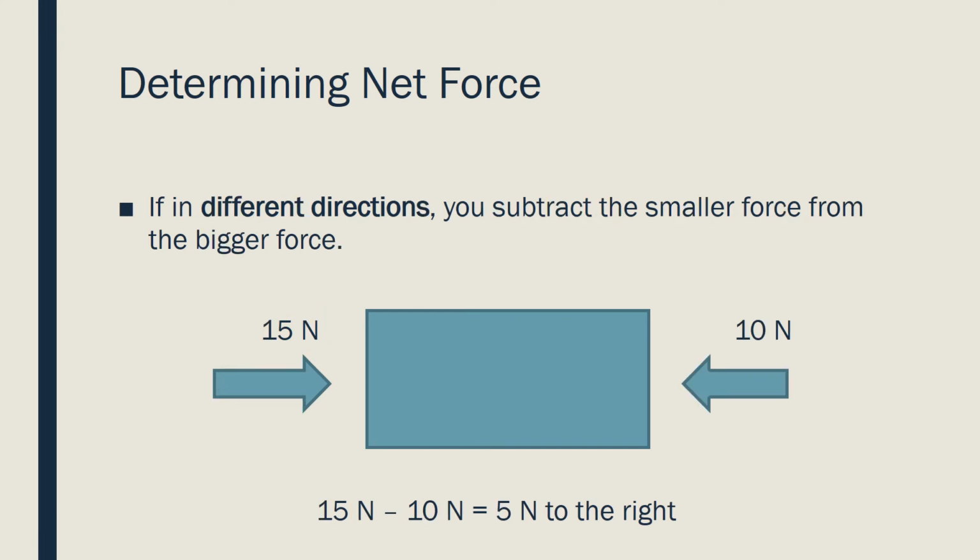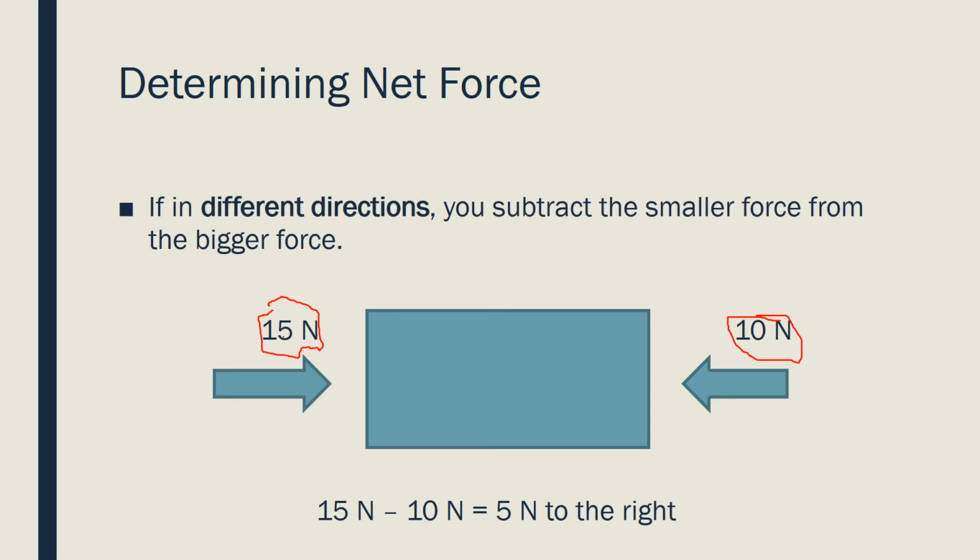So, like I said, if you go in different directions, you are now going to subtract the forces. In this case, I showed you that we have 15 newtons of a force being pushed to the right. So that arrow is going to the right, 15 newtons to the right. On the other side of this object, we have a force of 10 newtons being pushed to the left. This would be like if you had 2 people on opposite sides of an object, and they're pushing towards each other.